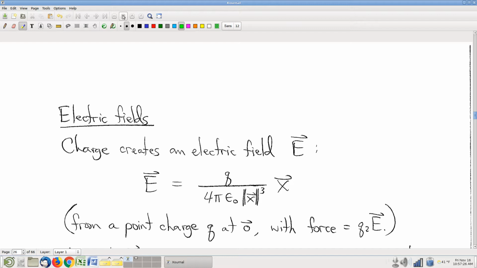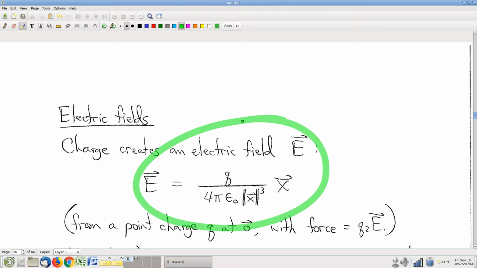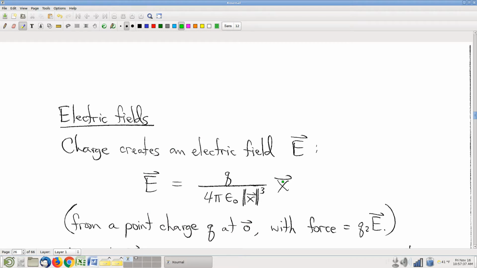Okay, so here's the formula for an electric field created by a charged particle. And what you'll notice is that this is morally identical to a gravitational field. It's got that same structure. Okay, sure, a different constant out front, but that's just a constant, right? It's just a scalar factor. Structurally, an electric field is just exactly the same as a gravitational field.